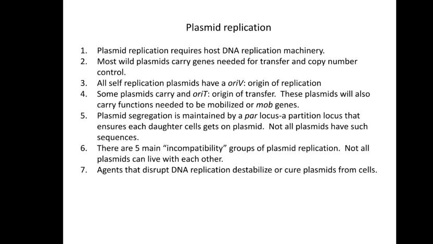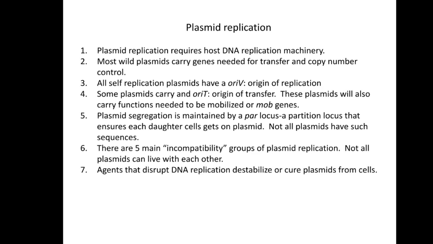They carry functions needed to be mobilized from one bacterium to another. Plasmid segregation is maintained by a par locus, a partition locus that ensures each daughter cell gets a plasmid, and not all plasmids have such a sequence.